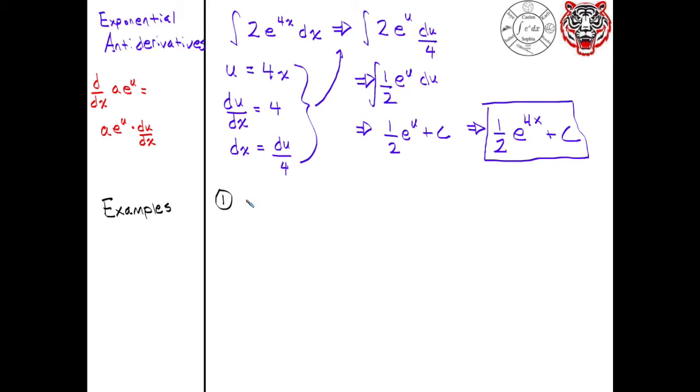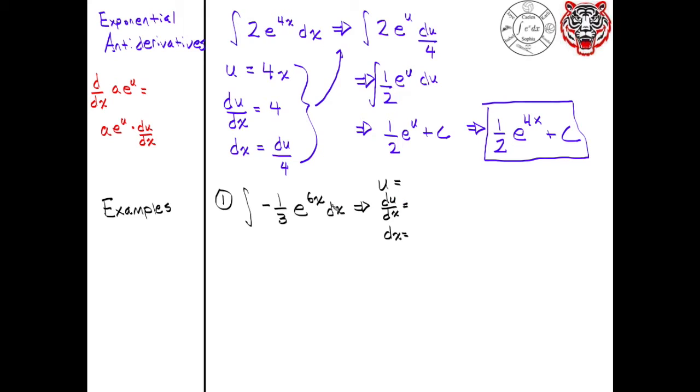The first example, let's take the integral of -1/3 e to the power of 6x, and don't forget our dx. Okay, what is that going to turn into? Hopefully I'm going to do my u's. Instead of doing it under here, I'm going to do them all here. U equals, du/dx equals, and dx equals, and I can just go through a straight line.